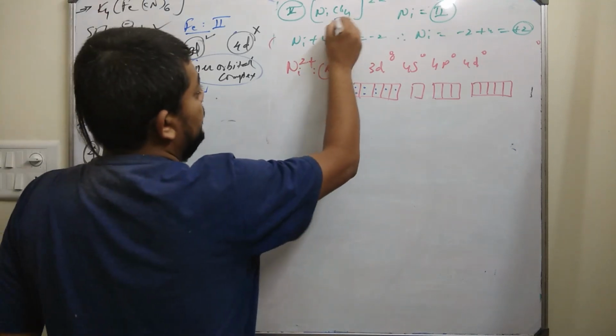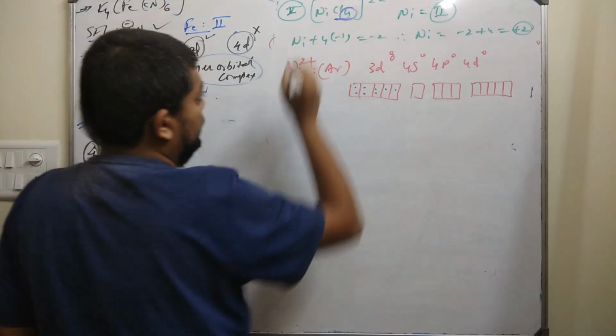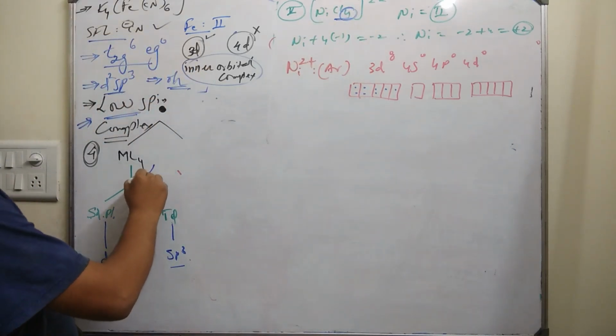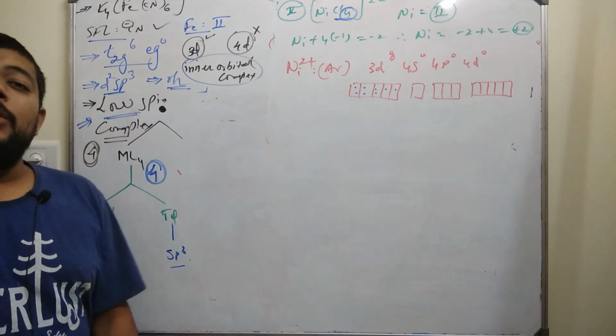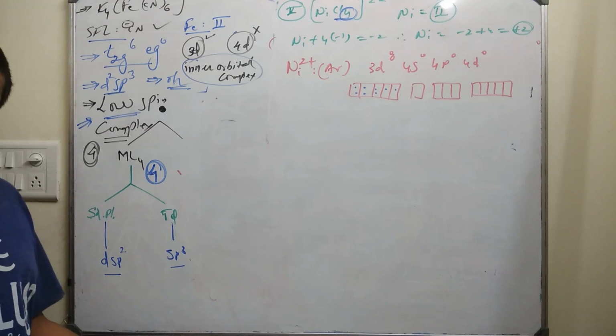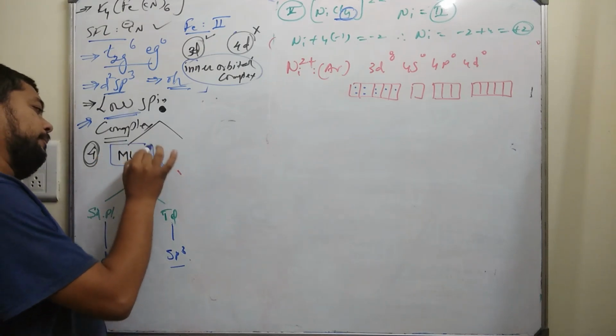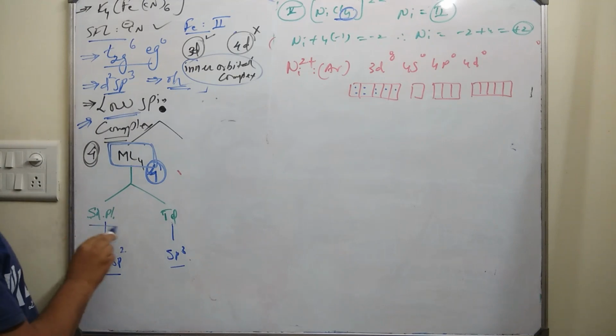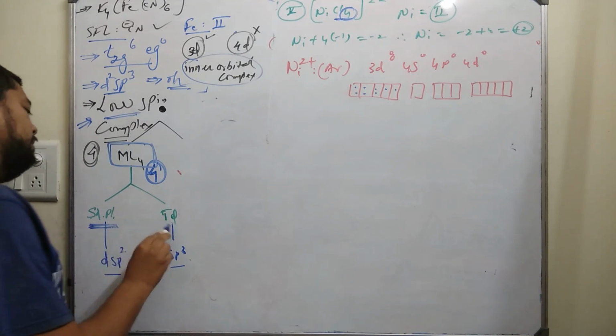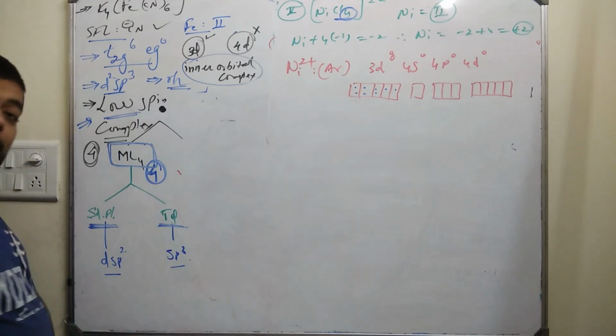Friends, coordination number is 4. So when the coordination number is 4, it is no more ML6. It is now ML4. When it is ML4, you have two choices: the geometry to be square planar or the geometry to be tetrahedral.